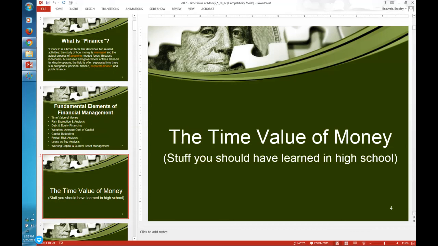So we're going to start at the very fundamental level, with the concept of the time value of money. And I put in parentheses here, this is really content that you should have learned in high school. I think a vast segment of our society would benefit greatly from understanding how the time value of money works, because this is the foundational element that forms the basis of how we calculate a car payment, a mortgage payment, how we look at the issues of compounding as we contribute towards a 401k or any sort of savings account, whether that's for college or for retirement.